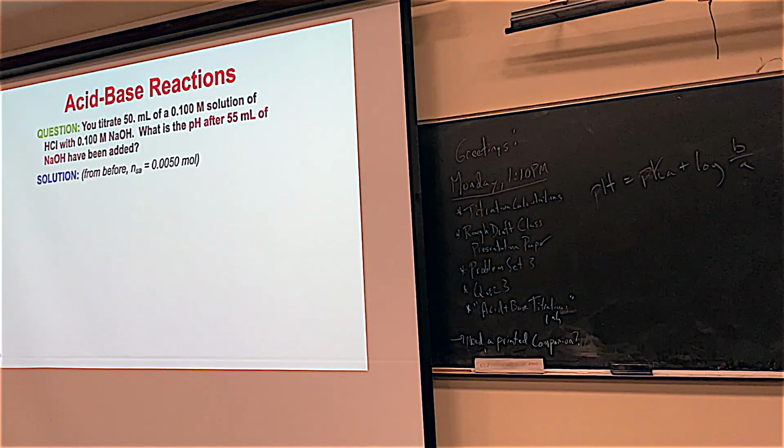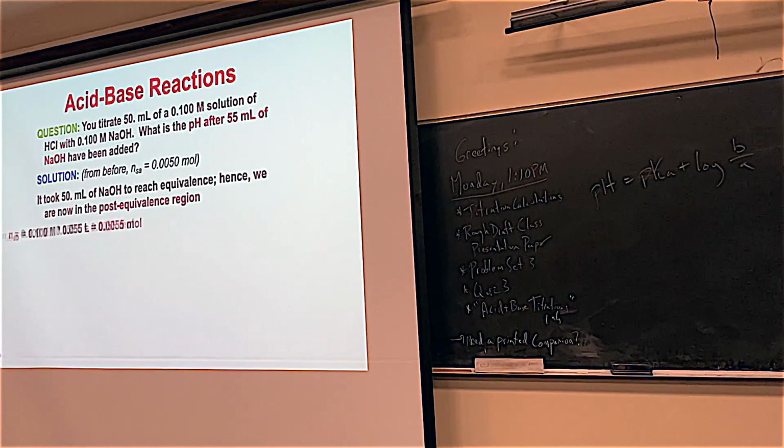Okay, so at 55 milliliters, now we're past equivalence, all right? So we have more moles of sodium hydroxide than we have moles of HCl. And because we calculated in the last one that it took 50 milliliters, anything past 50 will be post-equivalence. So now your pH equation is going to look more like 14 plus log hydroxide.